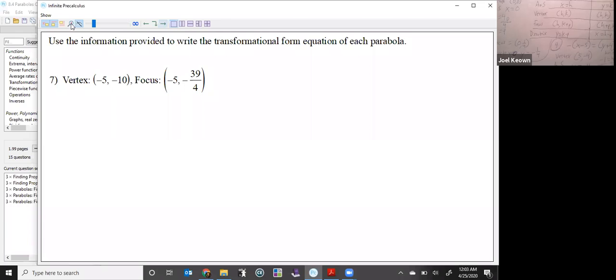All right, so now we're moving on to number 7. You'll notice that with number 7, they give me the vertex and the focus and ask me to find the equation. So we're going backwards. So there's my vertex and my focus.